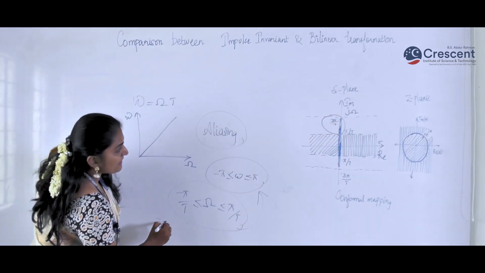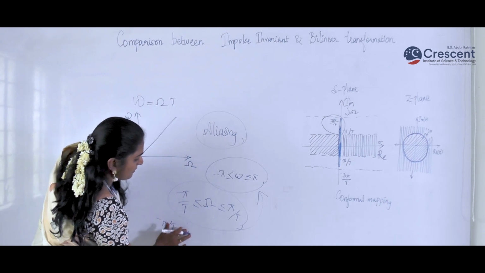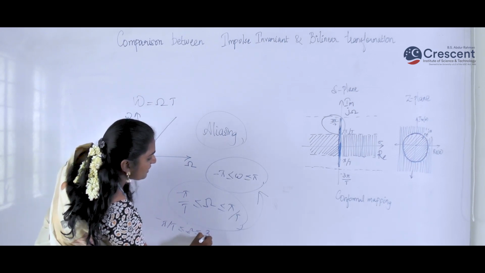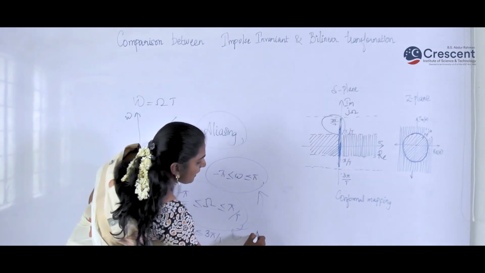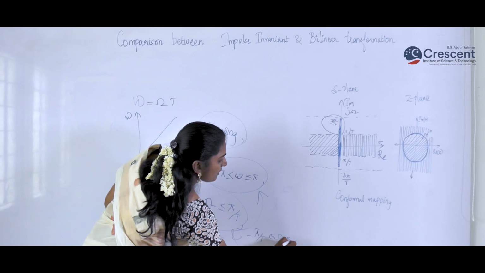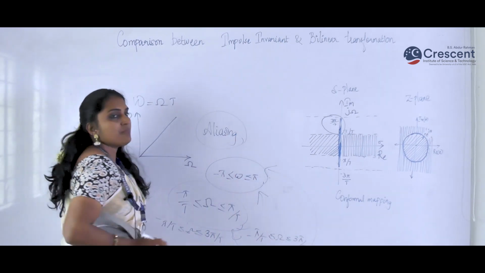That is, the interval pi by t to 3 pi by t, and also the other side, minus 3 pi by t to minus pi by t, also lies in the same region minus pi to pi.